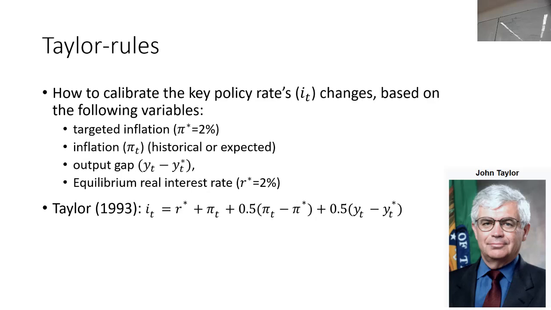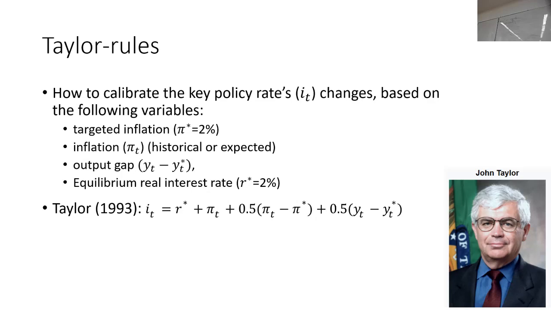In his times, it was supposed to be 2%, because the equilibrium real interest rate should be the long-run stable interest rate that all the other interest rates are fluctuating around. Nowadays, it's 0.5% if you look at recent papers. But okay, he needed some anchoring value.